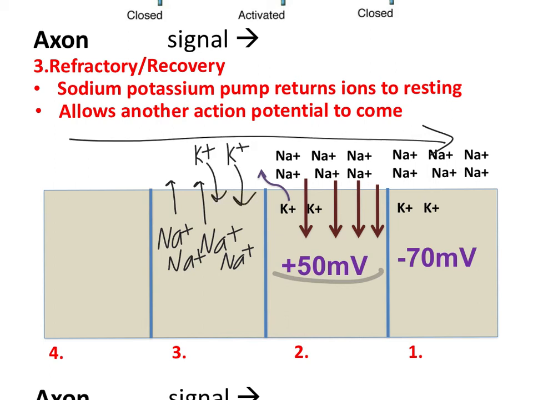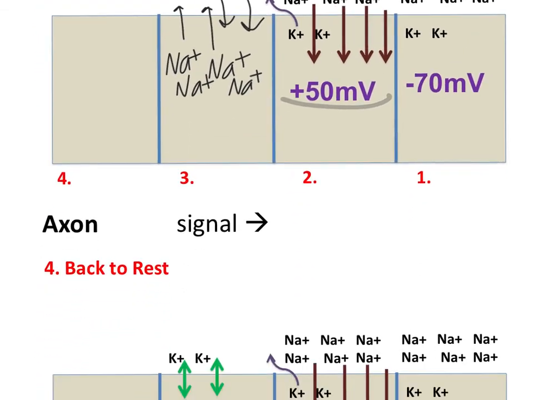So that is refractory, aka recovery. Again, we have the pump that is using energy to return the cell back to rest. That will then allow another action potential to come. That's what's shown on the following slide.